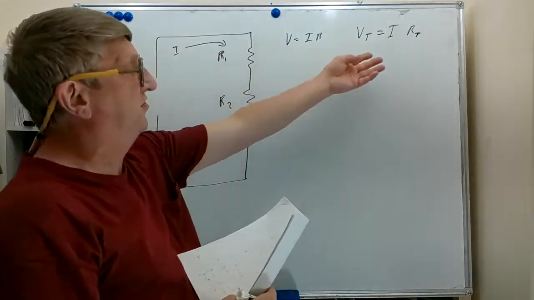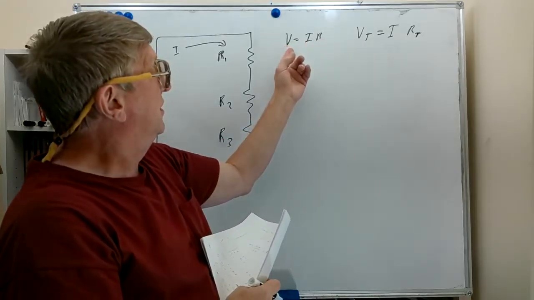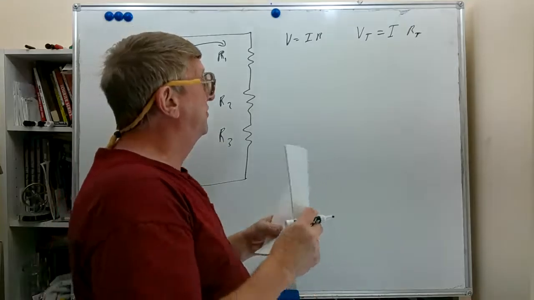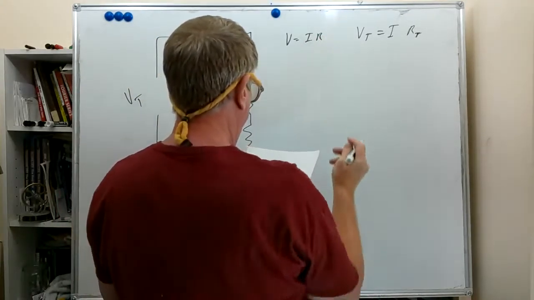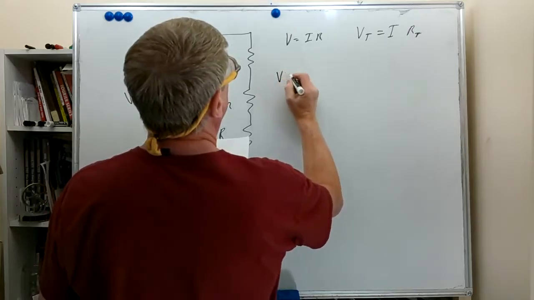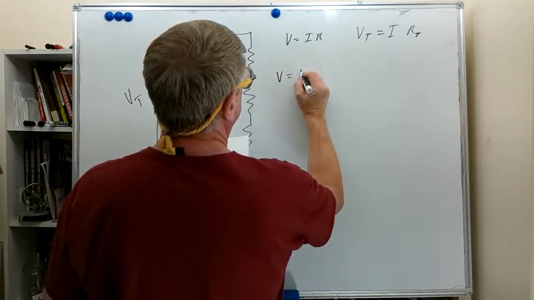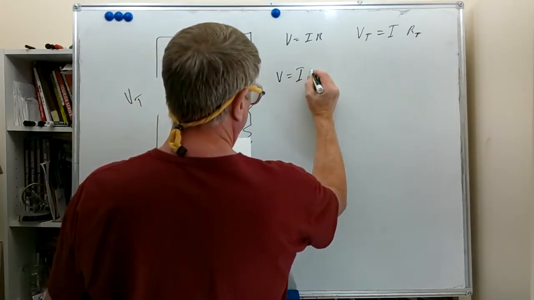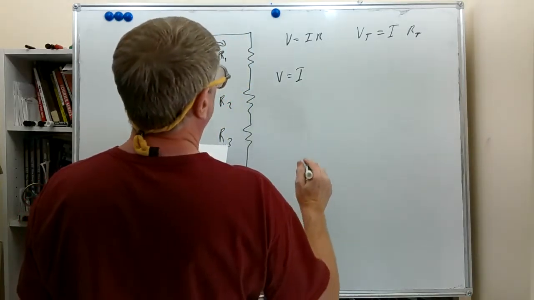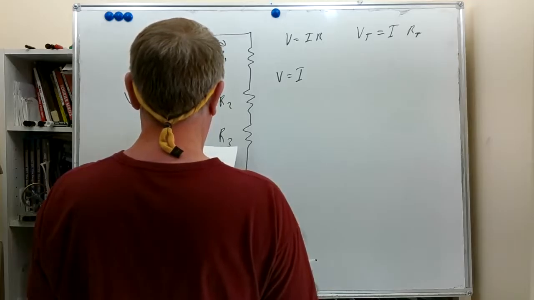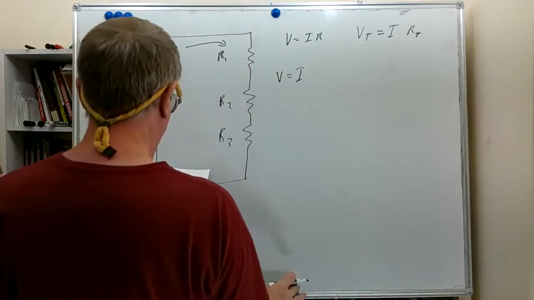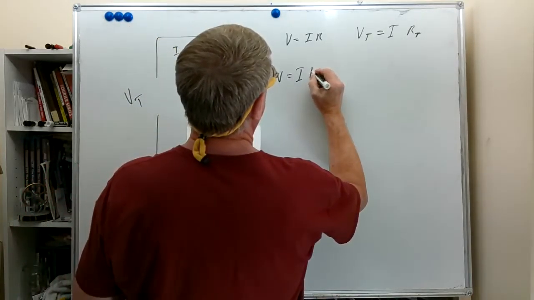You know, so pretty much the same formula. The voltage is voltage total, the resistance is resistance total. But let's work with this thing here. V equals IR.